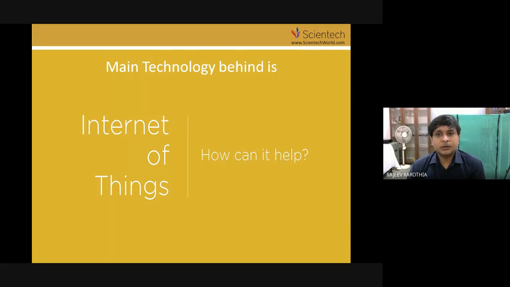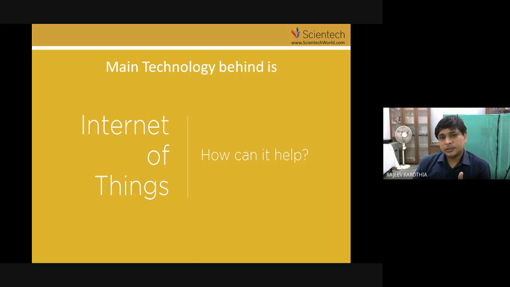The main technology behind precision agriculture is the Internet of Things. Because in precision agriculture, we are going to manage the complete production cycle of your crop, from the very start to finishing selling your product in terms of food or fruit.